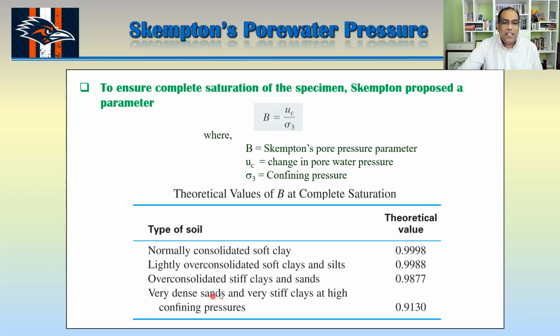For very dense sand and very stiff clay at high confining pressure, you can have a lower value for B, like 0.9. Okay, so it's sometimes very difficult to achieve saturation and make sure all the air inside the soil has been taken out of the soil domain. Okay.